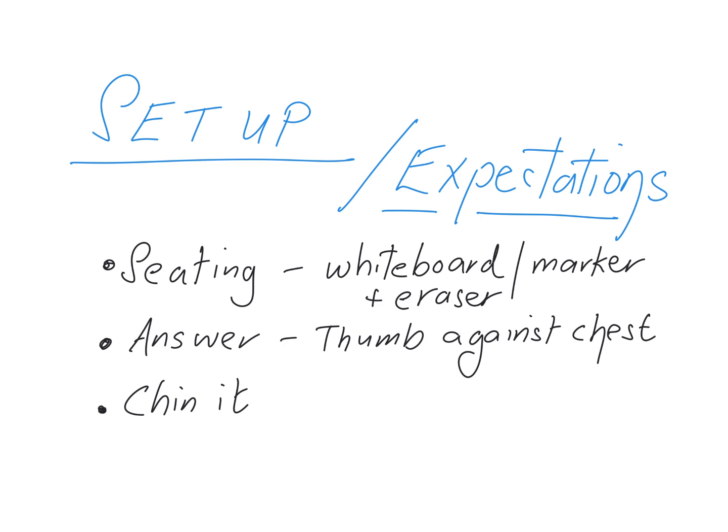In respect to expectations, we have a go attitude. We encourage students to persist. And we expect to learn from mistakes. We recognise that mistakes are okay as long as we unpack them and learn from them.